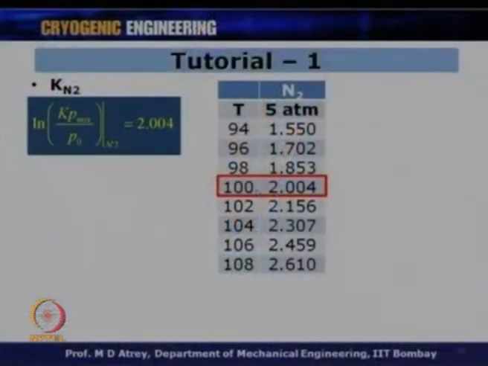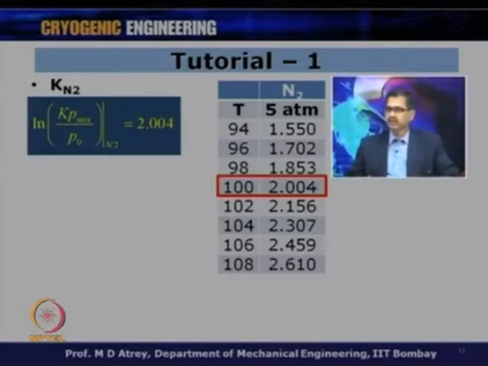I first want to get the value of KN2. So, I go to the table and get the value of K at 100 Kelvin. If I go to the table, I get the value at 100 K, which is given in a logarithmic form: log of K times P mixture upon PO for nitrogen.